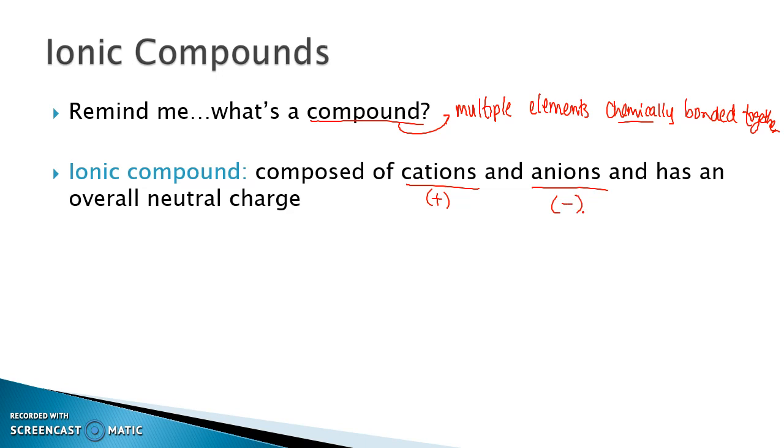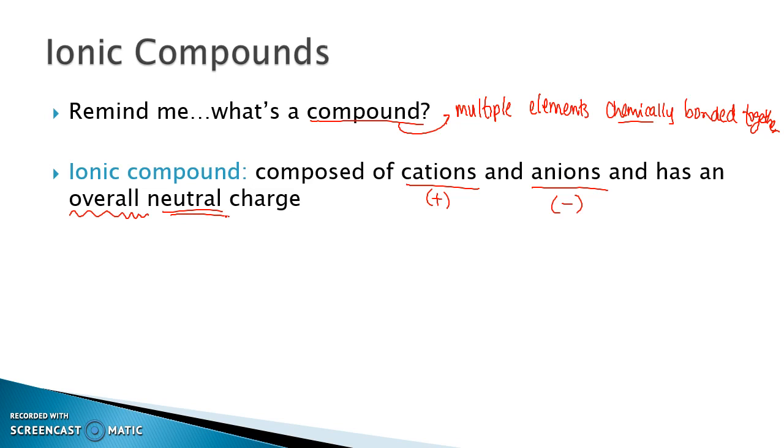One thing that's really key here, and again, pause this if you're not able to keep up. Even though an ionic compound is made up of things that are positive and things that are negative, anions and cations, overall it has a neutral charge.